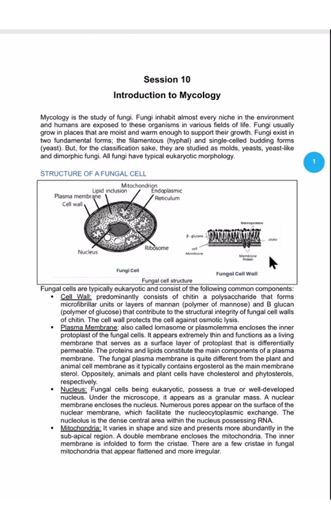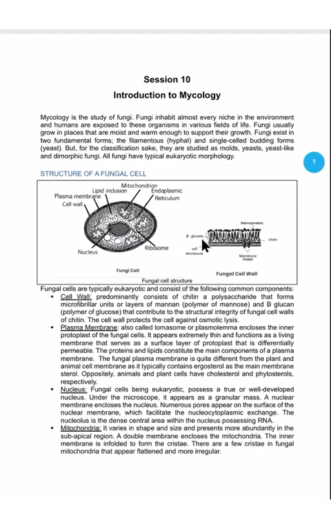So chitin is the main component of the cell wall, beside other polysaccharides, which are beta glucan, which is a polymer of glucose, and mannan, which is a polymer of mannose. It is also a saccharide.